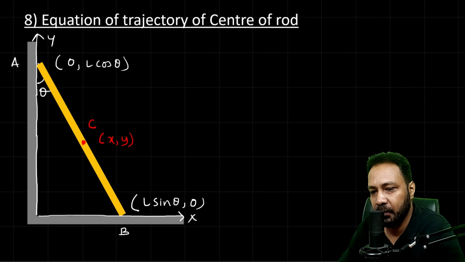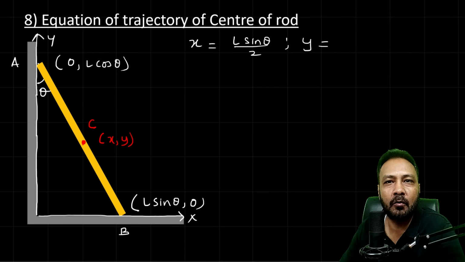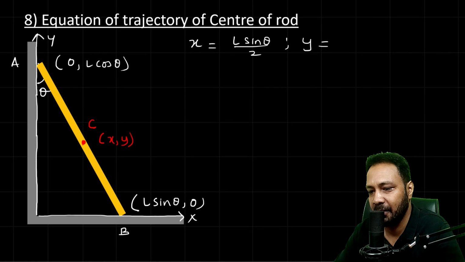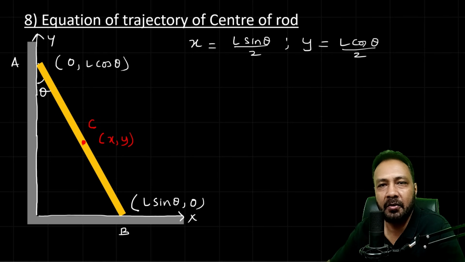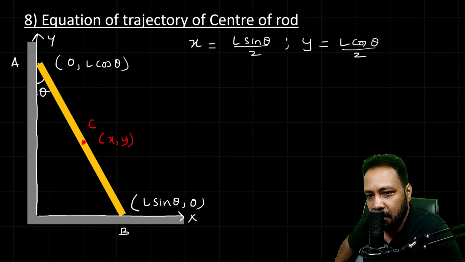So x coordinate would be 0 plus L sine theta by 2, that is L sine theta by 2, and y coordinate would be L cos theta plus 0 by 2, that is L cos theta by 2. And in fact, in the theta there is omega.